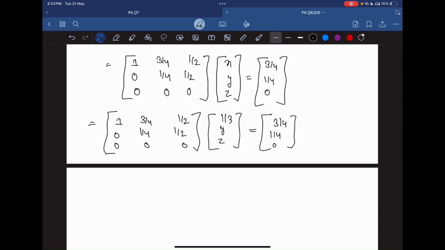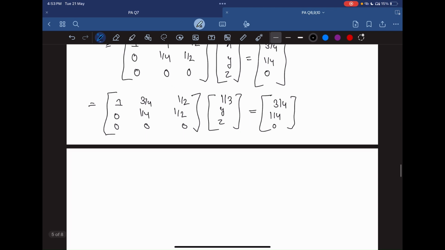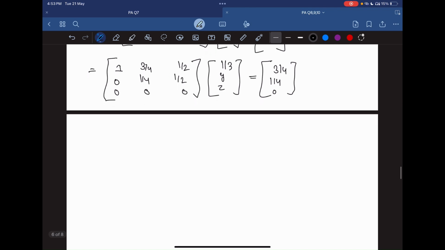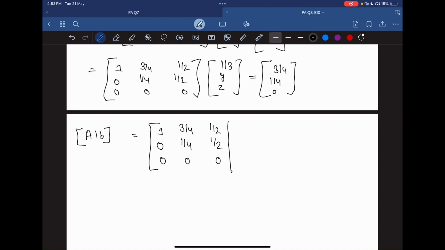So now we have to solve this system of linear equations. Let's try forming the augmented matrix. That is 1, 3 by 4, 1 by 2, 0, 1 by 4, 1 by 2, 0, 0, 0, and 3 by 4, 1 by 4, 0.